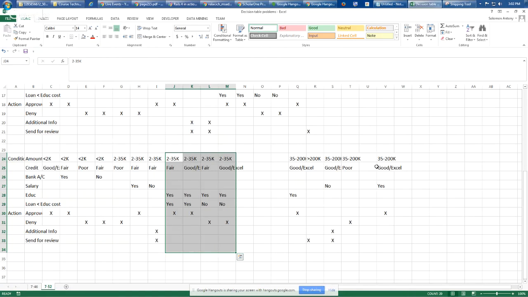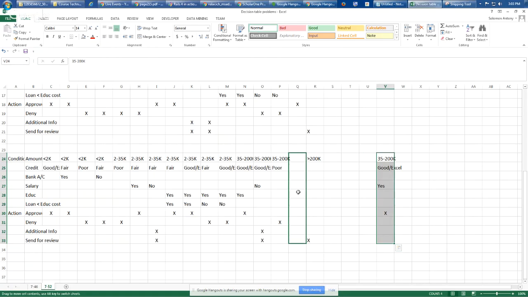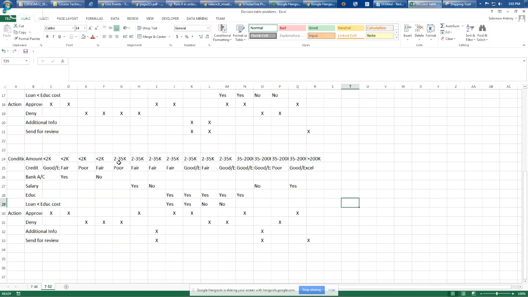Then you have 35 to 200. So for 2 to 35, we have fair, poor, fair, poor, fair, fair, fair, good, fair.